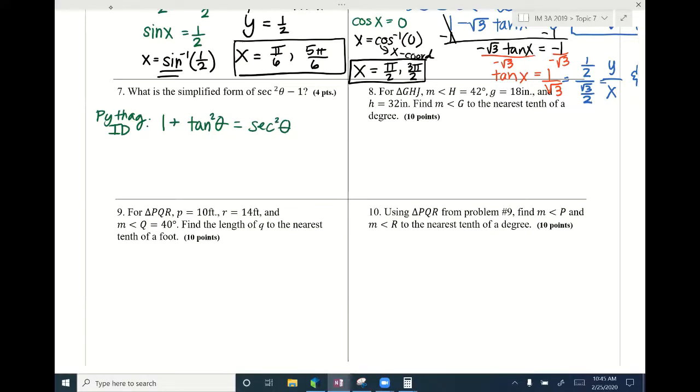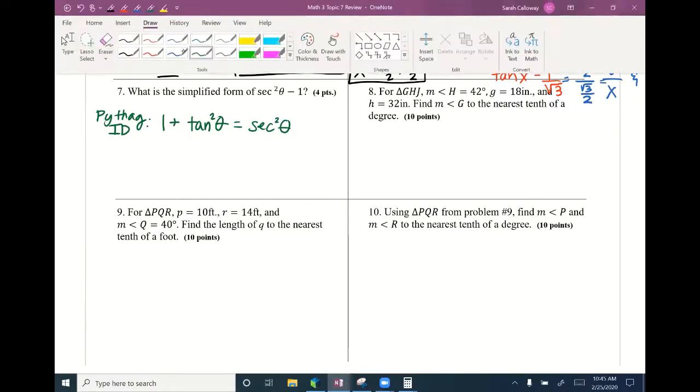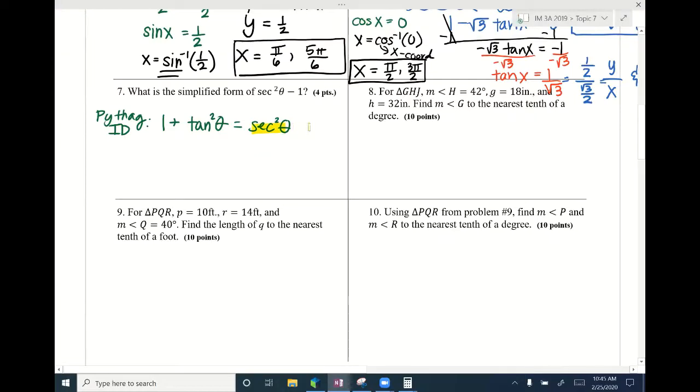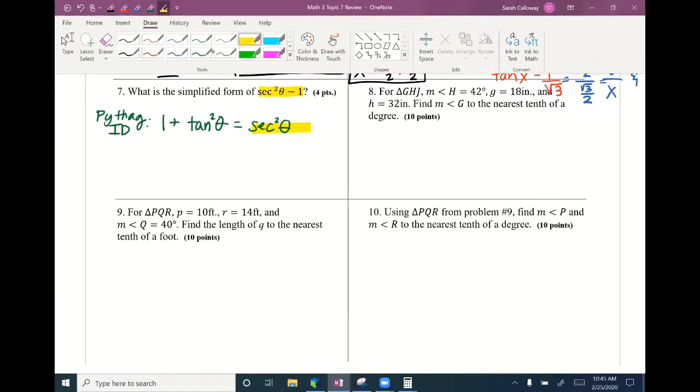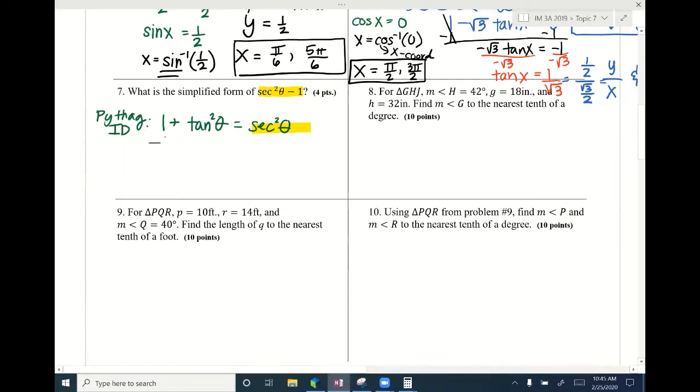So what can I do to make this side match what I was given? I can subtract 1 from both sides. So if I subtract 1 from both sides, that tells me that tangent squared theta is equal to secant squared theta minus 1. So that means that my answer is tangent squared theta.